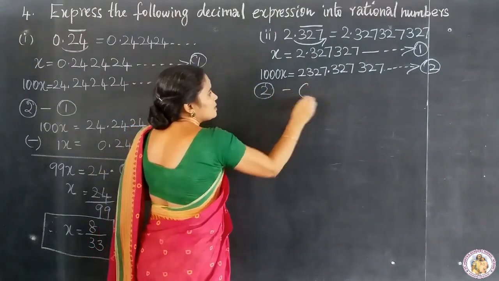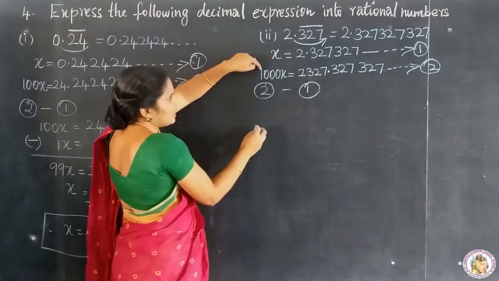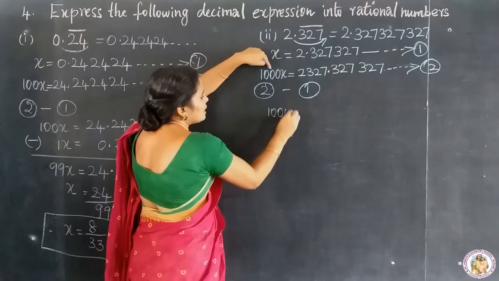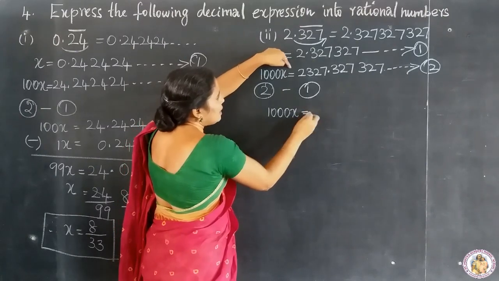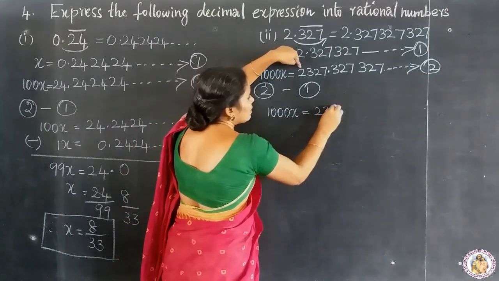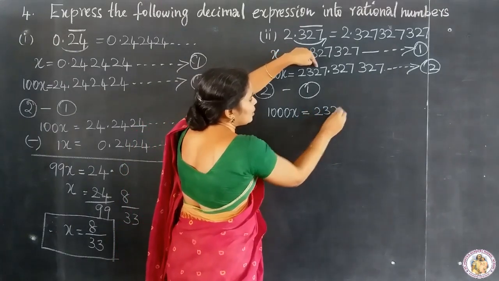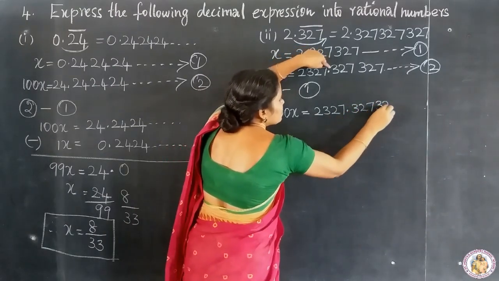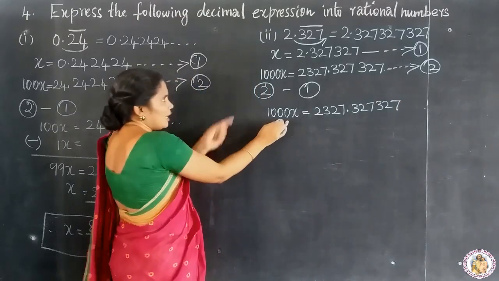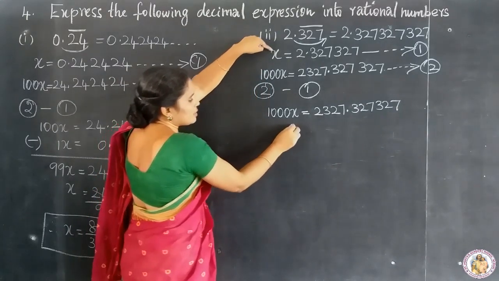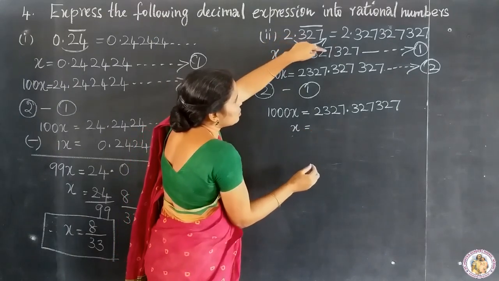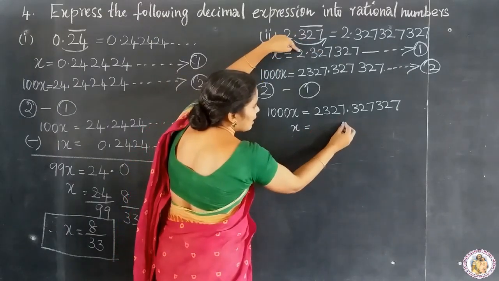Taking this as equation 2, subtract: second equation minus first equation. Second equation: 1000x is equal to 2327.327. And first equation: x is equal to 2.327.